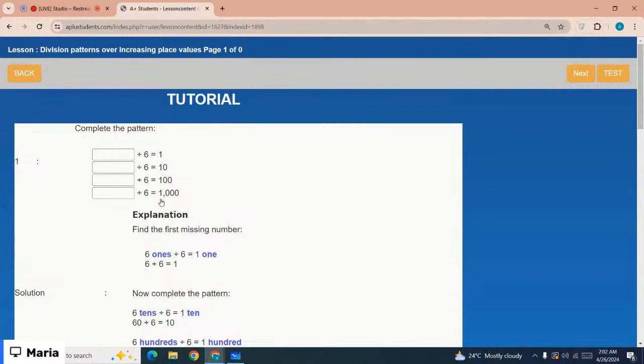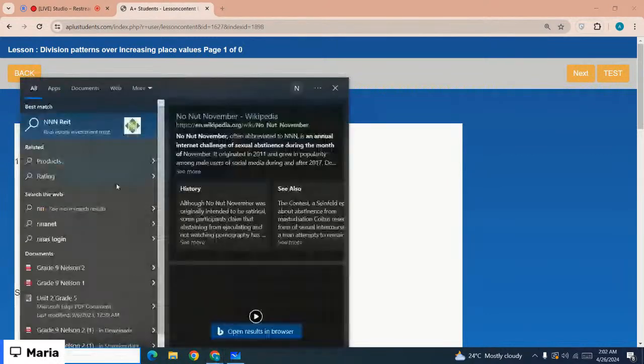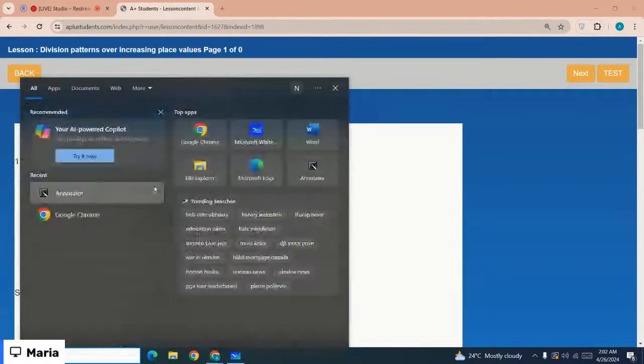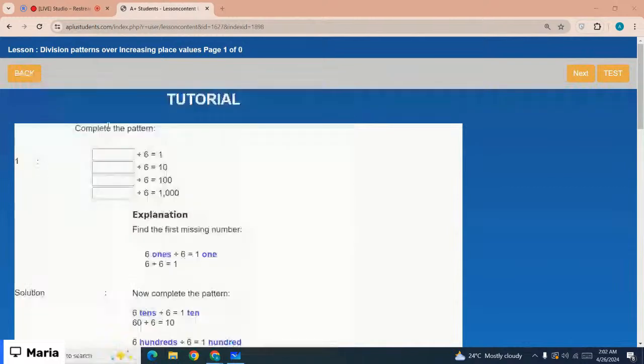Complete the pattern. You have to find what number divided by 6 equals 1. A number when divided by itself always makes a 1, right? So that would be 6. 6 divided by 6 equals 1.